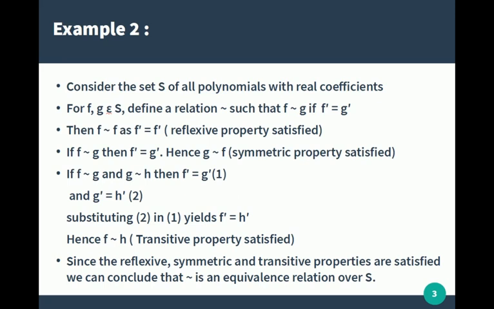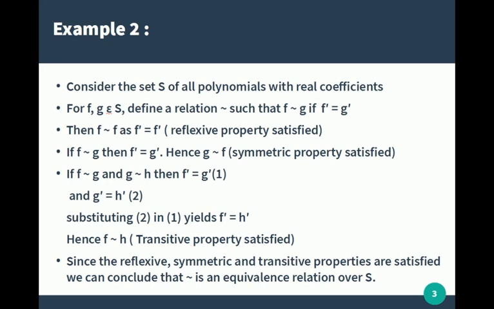Now if F is related to G, then F prime is equal to G prime. Since G prime is equal to F prime, G must be related to F. Last, if F is related to G and G is related to H, then we have our first equation, F prime is equal to G prime, and a second equation, G prime is equal to H prime.